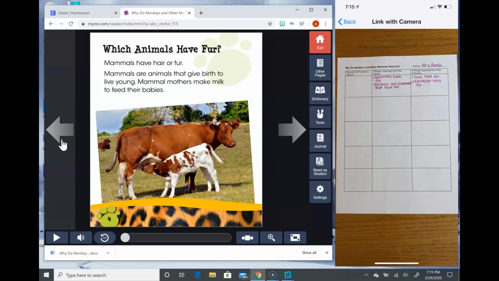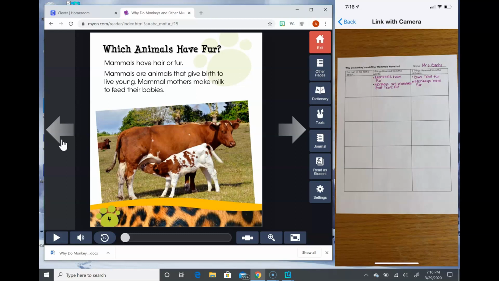But there are some other details that I didn't quite include that could help me understand the text a little bit better. For instance, what are mammals, guys? Did you read and pay attention to the fact that mammals, that big word that we're using this week, are animals that give birth to live young?